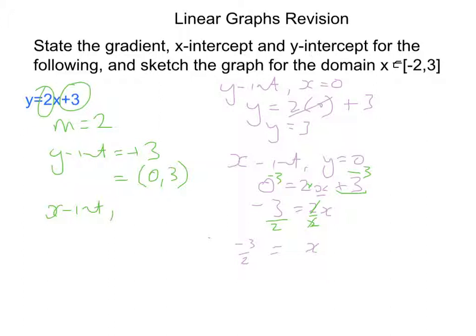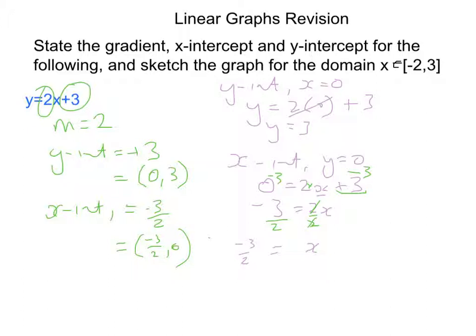So that'll give us an x-intercept of -3 over 2, or in coordinate form, -3 over 2 and 0.